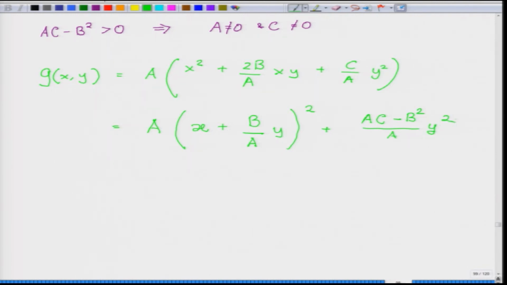So, here is the stuff. Okay. Now, a is not equal to 0, but there can be two cases. One, a is strictly bigger than 0, and one, a is strictly negative.